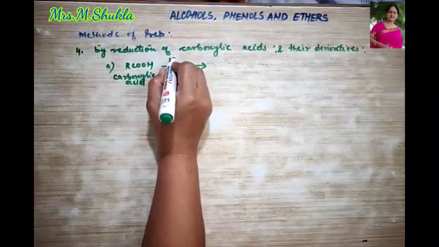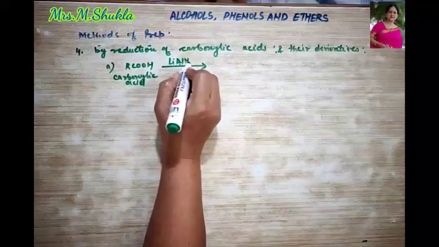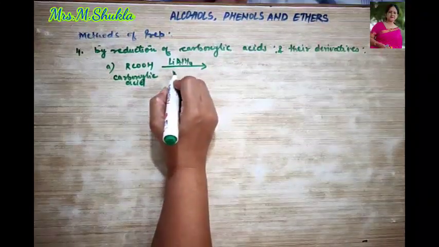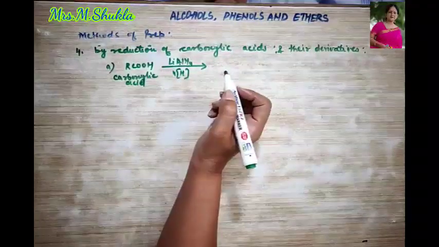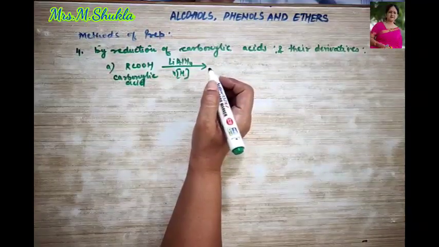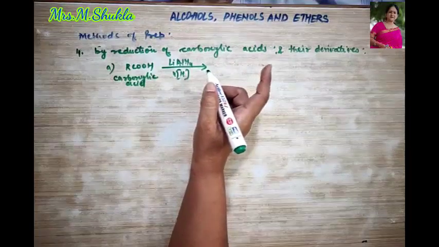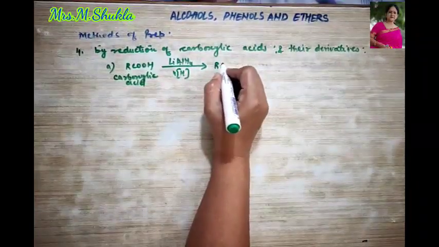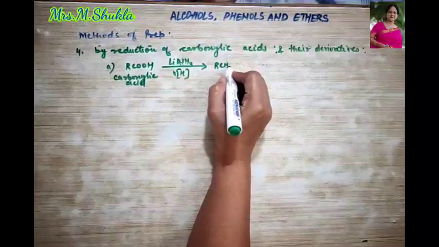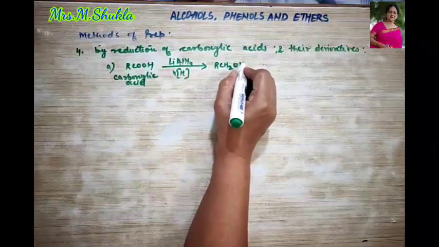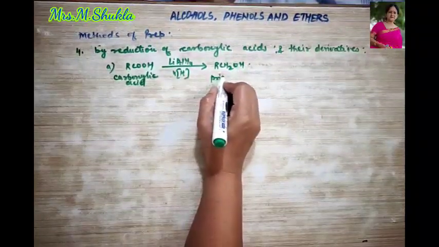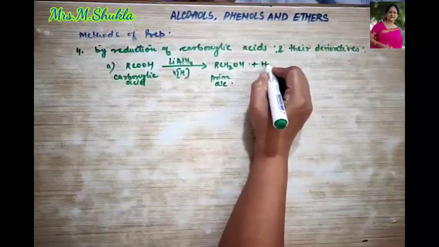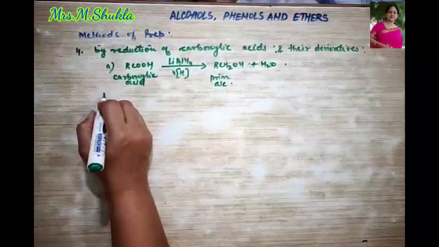I did not use this, so let me use lithium aluminium hydride over here in the presence of hydrogen. So what should it give you? R is there, so RCH2OH, that is your primary alcohol, will be formed along with release of water.